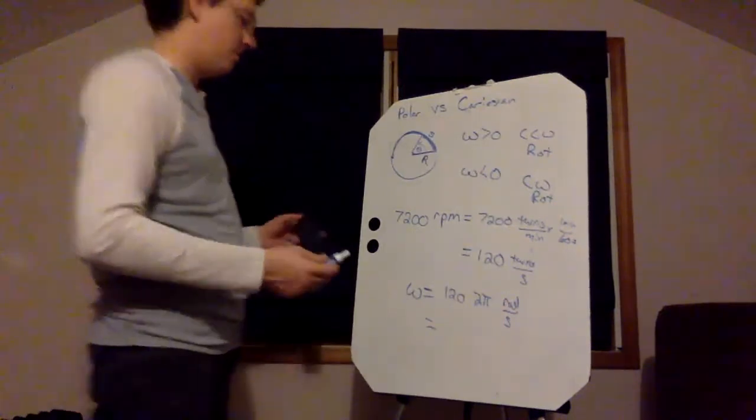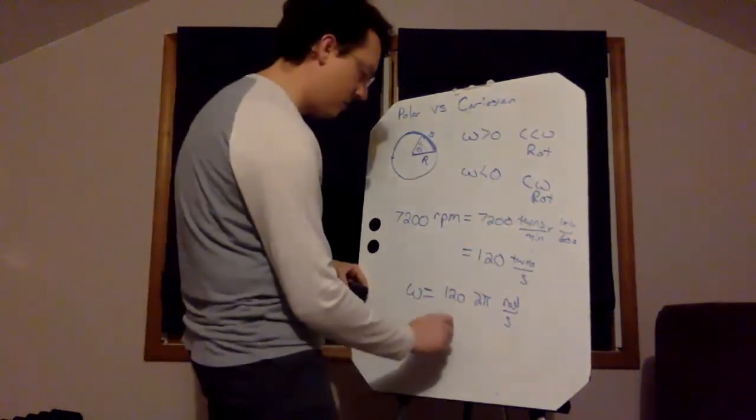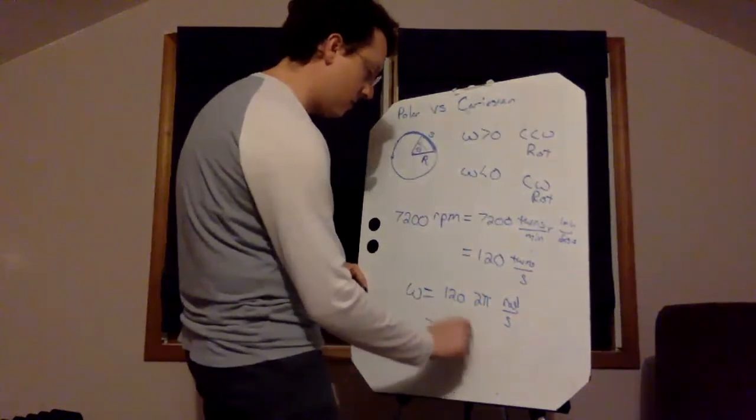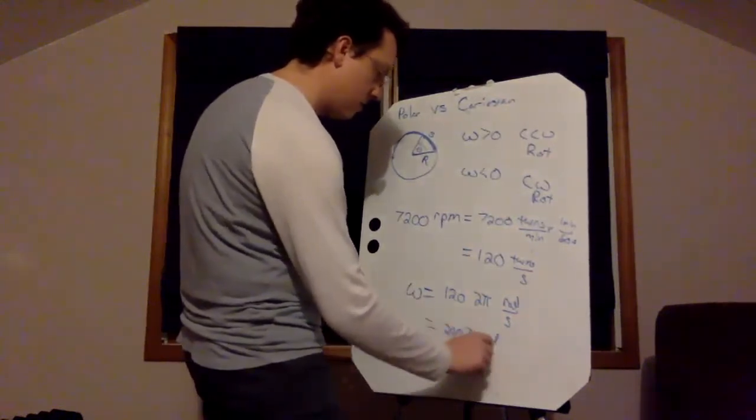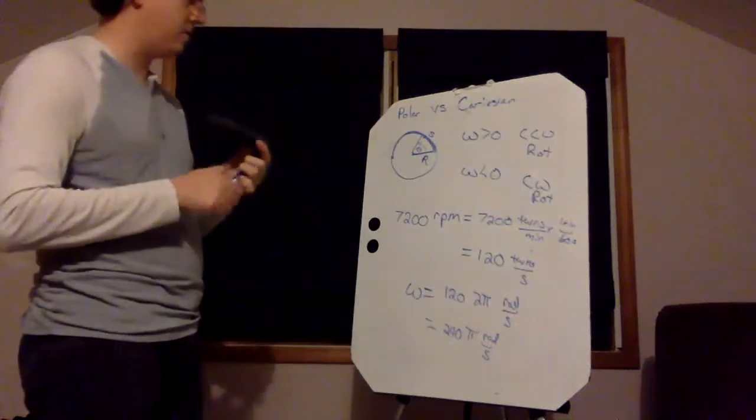All right, so 240 pi. You could multiply it out if you wanted to.